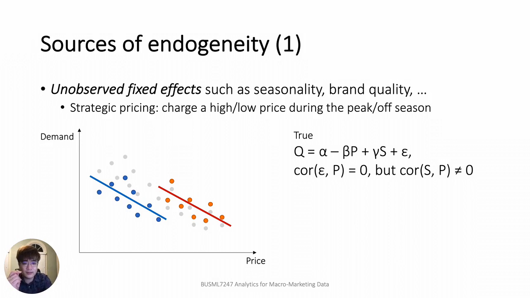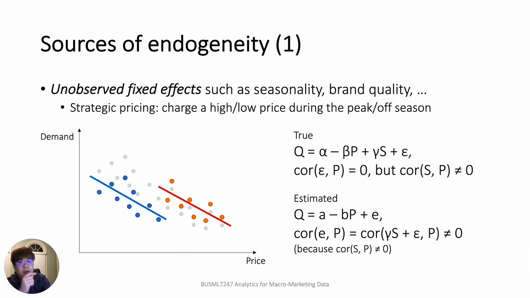Now, let's see what happens if the seasonality is missing in the regression. This is the estimated regression. Compared to the true process, the error takes both the seasonal effect, gamma S, and the pure error, epsilon.